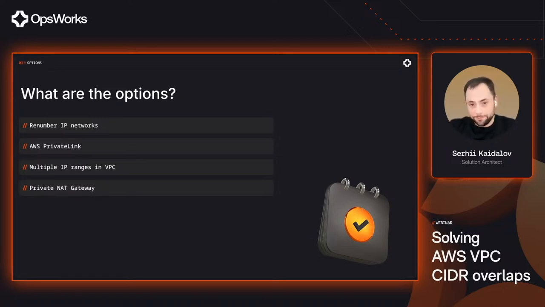Option number three, you can have multiple CIDR blocks in your VPC. So basically, think of it as a multi-tier application. You have a backend tier, you have a front-end tier. The backend tier will stay in the overlapping subnets or VPC CIDR block, and the front-end application will be in a new VPC CIDR block.